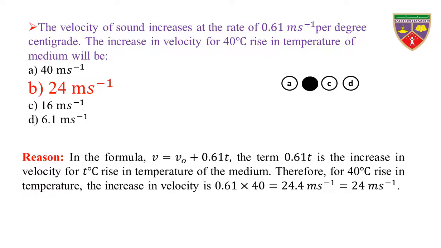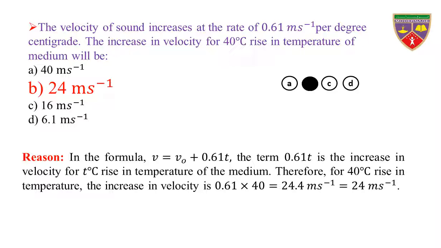Reason: in the formula, v is equal to v naught plus 0.61 T. The term 0.61 T is the increase in velocity for T degrees centigrade rise in temperature of the medium.